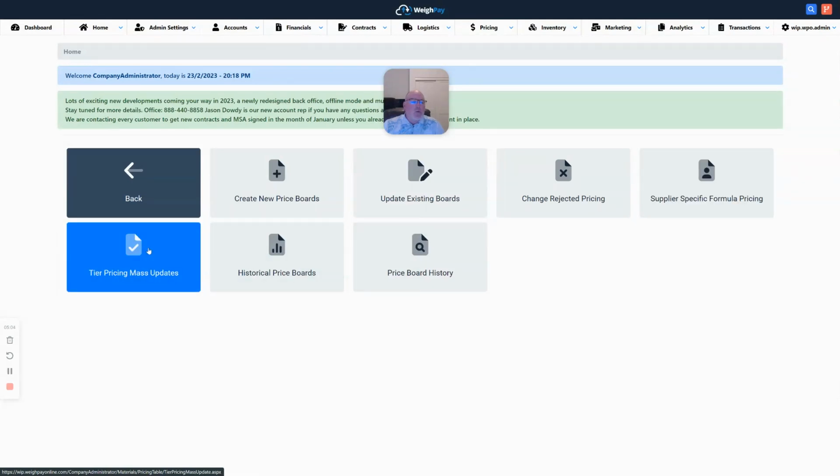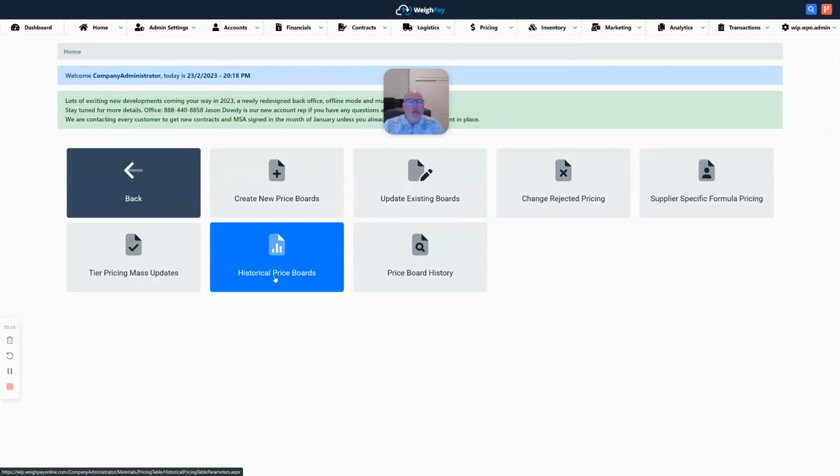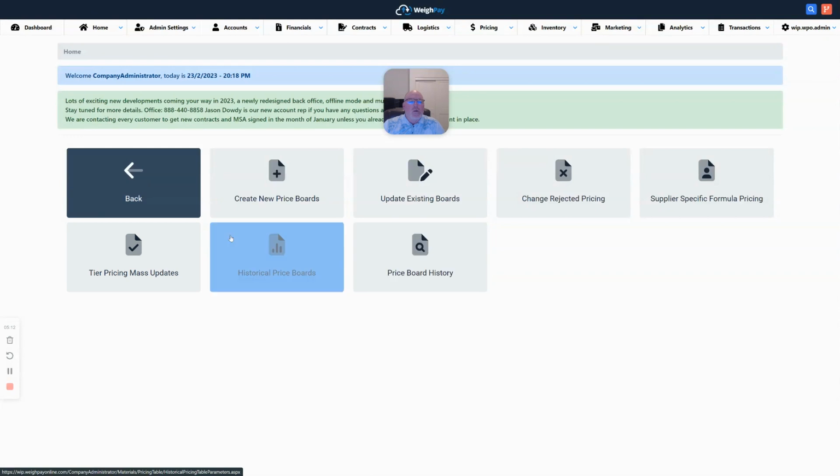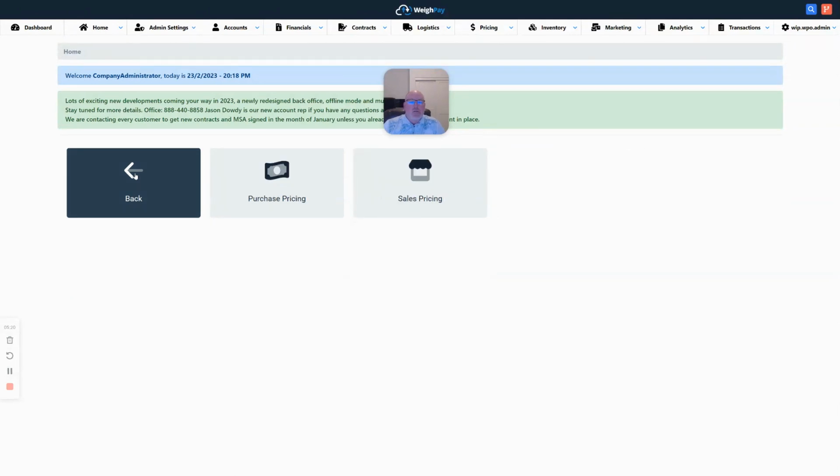Tier pricing, this would be weight-based tiers. You can have mass price updates to your tiers. And then, of course, your historical reporting and your price board histories. So it's a rather complete pricing engine that was built to allow you to manage your channels and your sub-channels.